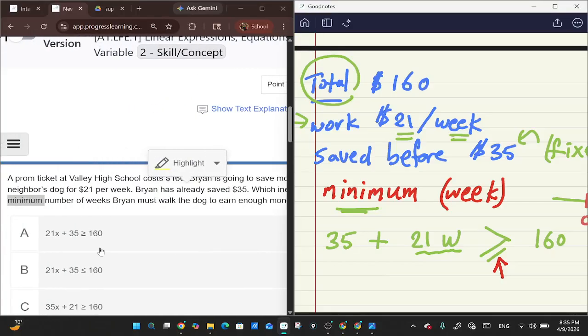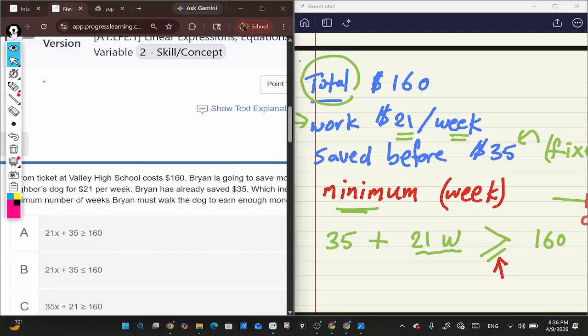Let's start now with option A. In option A, you can see that we have 21x. It is the same as 21W, but we represent W here as x. So 21x fits with 21x here, and here is 35.